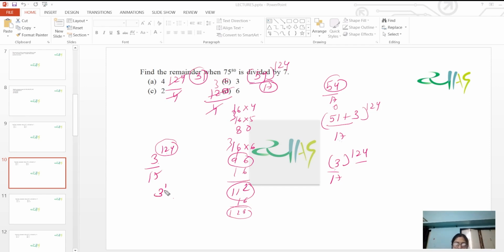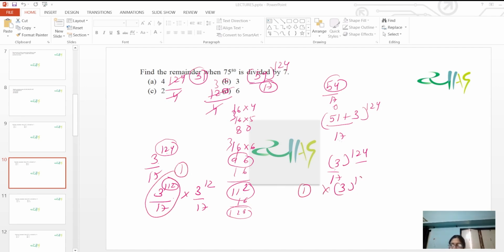So 3 to the power 112 divided by 17 into 3 to the power, how much is left? 12 divided by 17. So you get 1 as remainder for the first part.